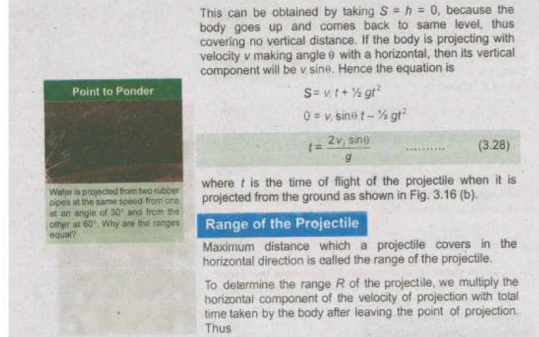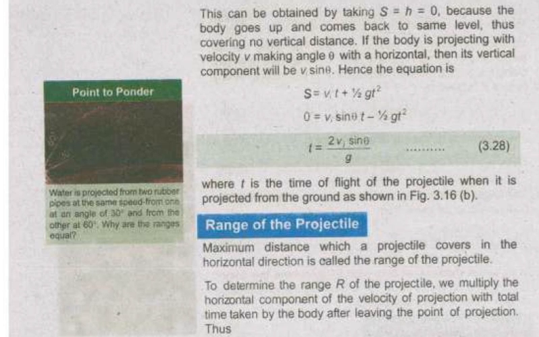After solving this equation, we get the relation for the time of flight: t is equal to 2 Vi sine theta over g. So this is the time of flight for the projectile when it remains in the air, or the time taken from the point of projection to the point of landing.